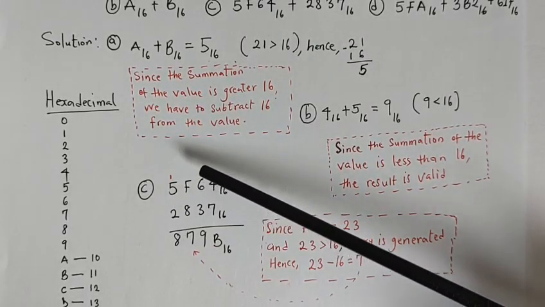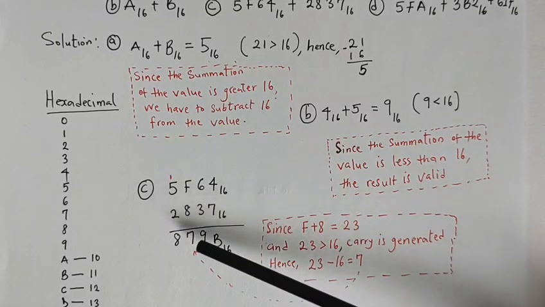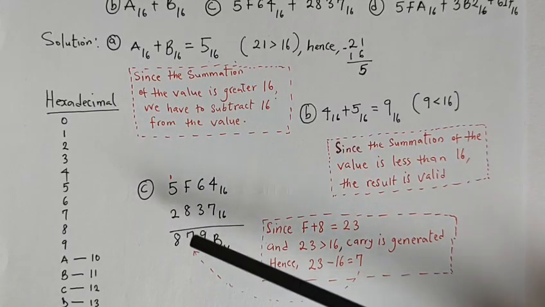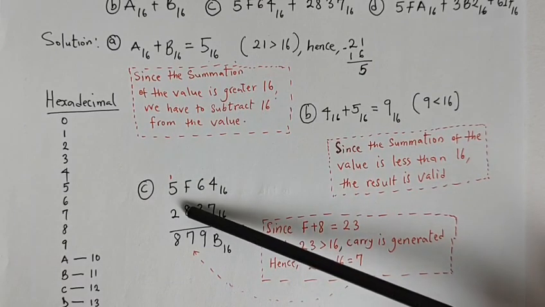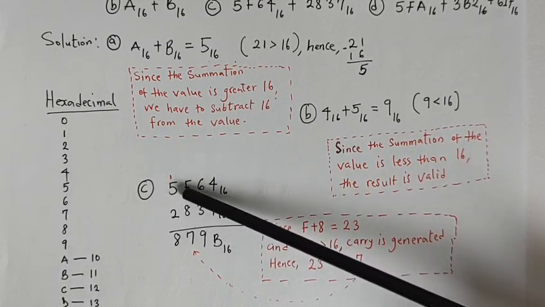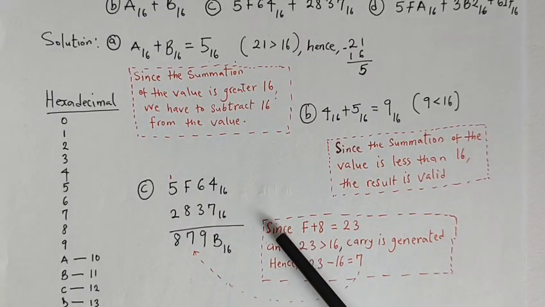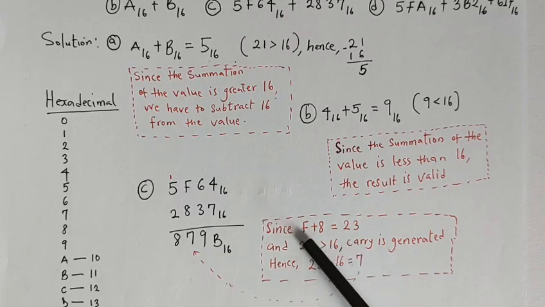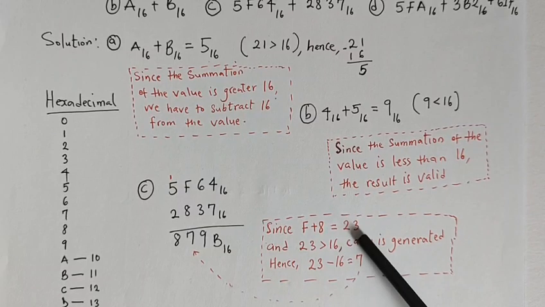Now let's move to the next column. It says 6 plus 3, that gives us 9. And then we have F plus 8. Now what is F? F in the hexadecimal number system is 15. So we say 15 plus 8 is going to be 23. Now you can see that F plus 8 gives us 23.